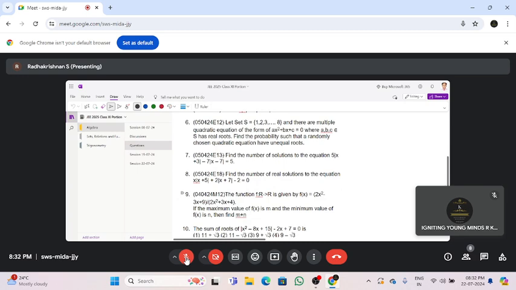Okay, so count for greater than 0, but your sample set is going to be only those having real roots. So b square greater than or equal to 4ac. So favorable is greater than 4ac, excluding equal to.